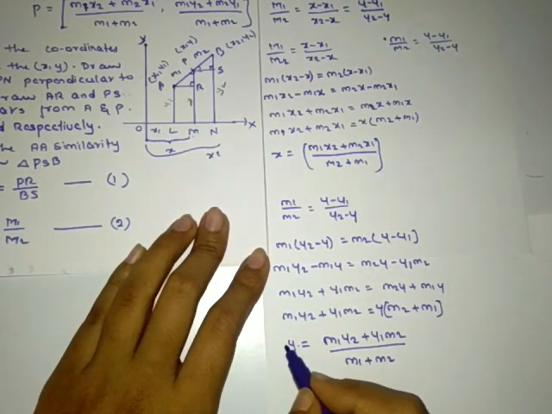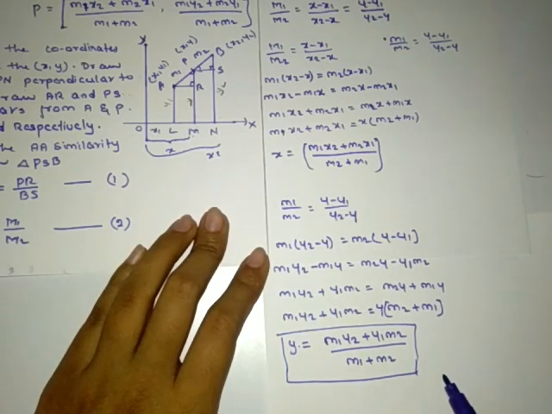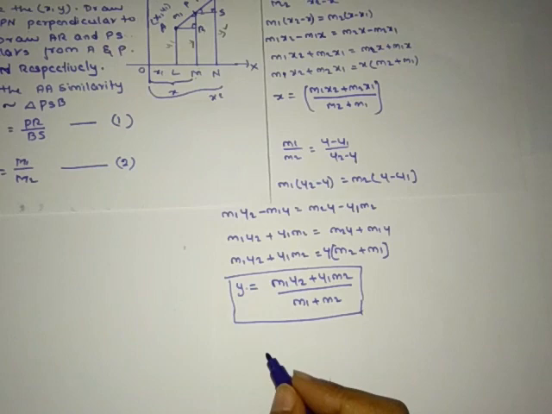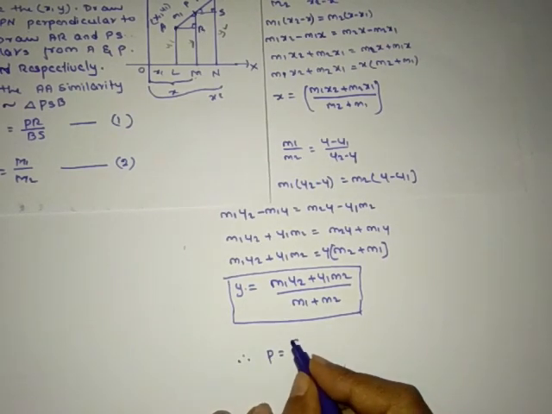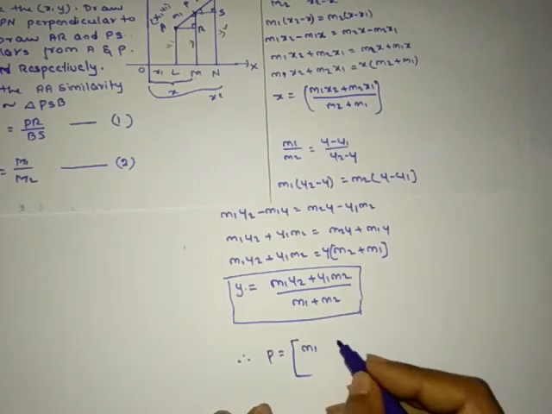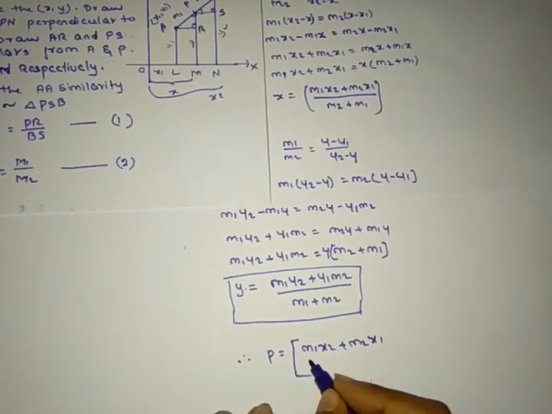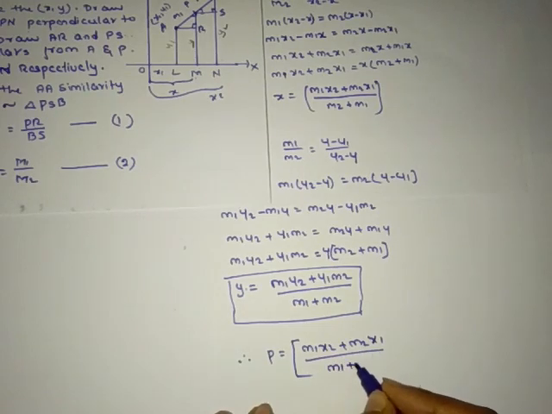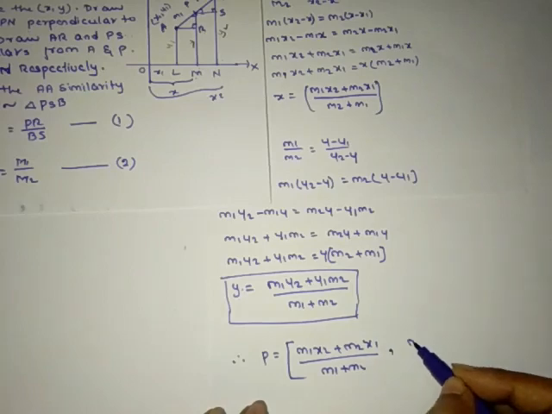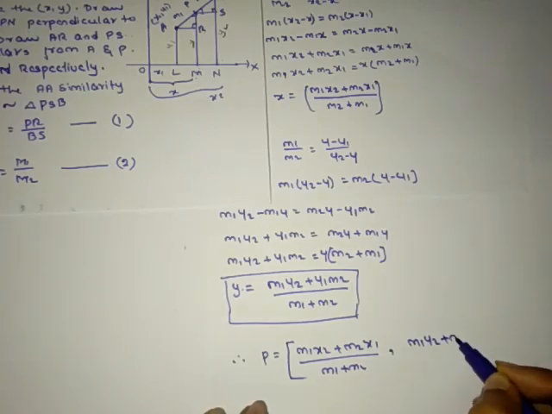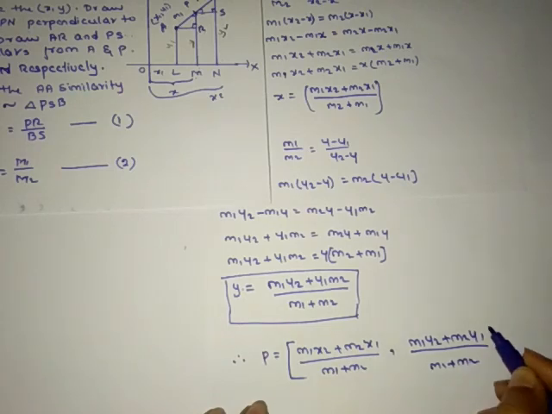Okay, here we got both the coordinates of the point. So therefore P is equal to m1 x2 plus m2 x1 divided by m1 plus m2, comma, y coordinate is m1 y2 plus m2 y1 divided by m1 plus m2.